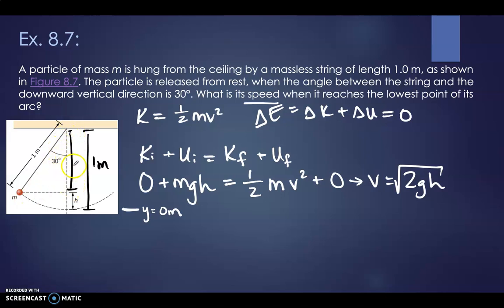It'll be adjacent over hypotenuse. So we'll have cosine 30 is equal to the adjacent side, that's this side. I'm going to call it L, divided by 1 meter.